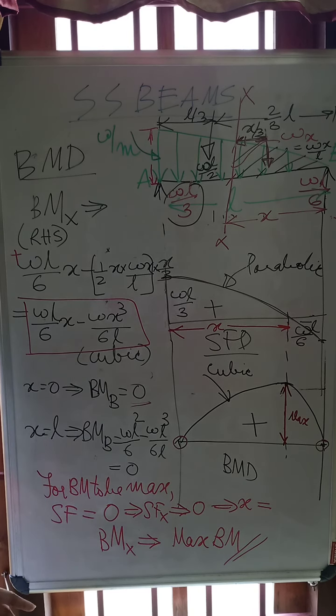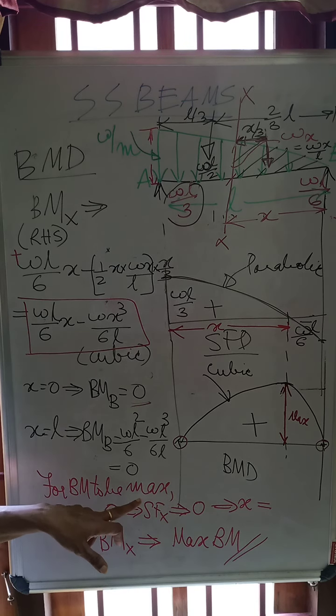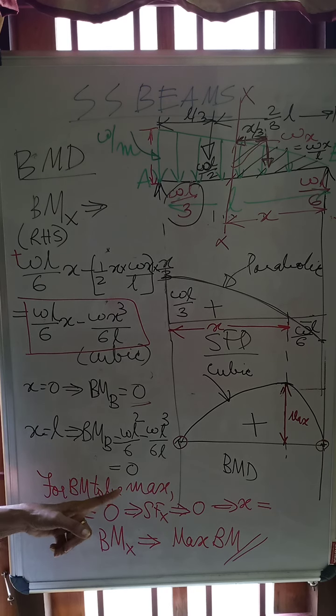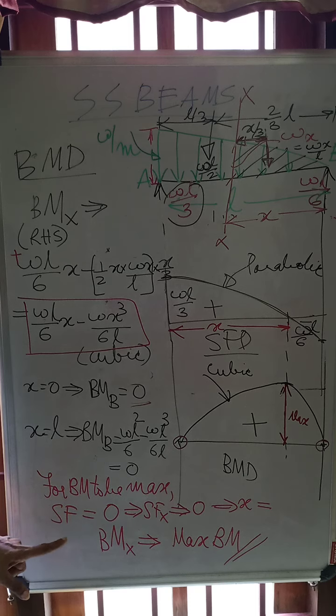So in that, dM by dx is equal to shear force, as well as dF by dx is equal to rate of loading. So for bending moment to be maximum, dM by dx is equal to 0, which you can recall from the differentiation you have studied in mathematics. So for bending moment to be maximum, dM by dx has to be 0. Sorry, dM by dx is nothing but shear force, so shear force has to be 0.